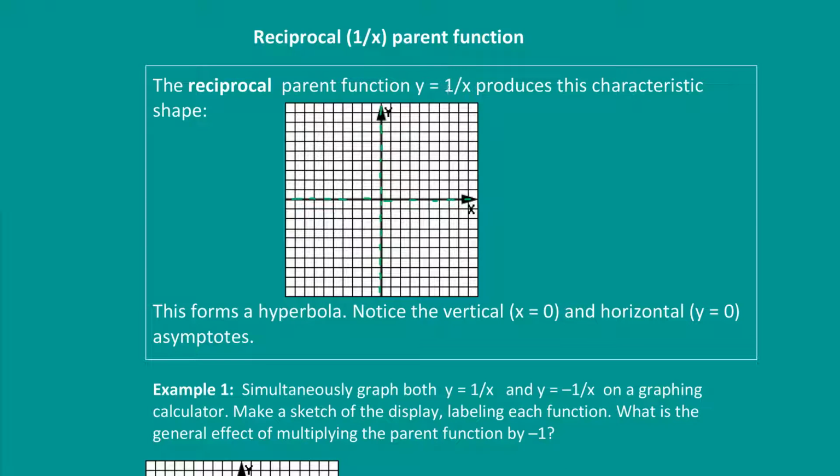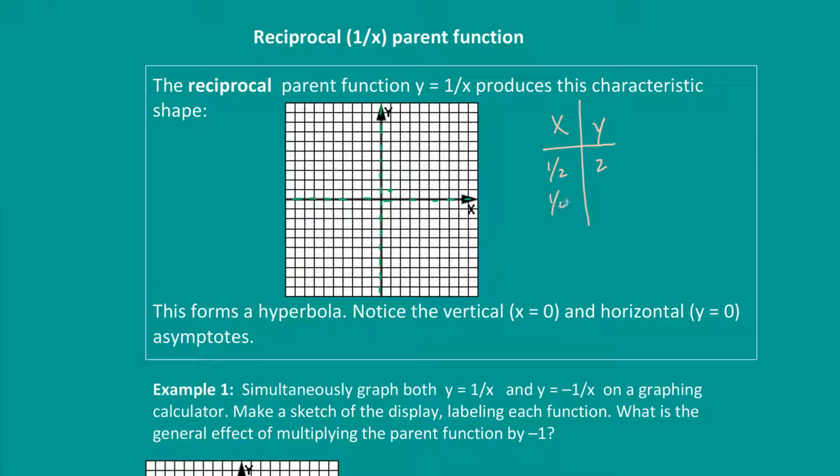If I was to plug this in, when x is 1, my y will equal 1. Let me write this down. As my x gets smaller and smaller, in our table, as x becomes, say, 1/2, 1 over 1/2 would be 2.